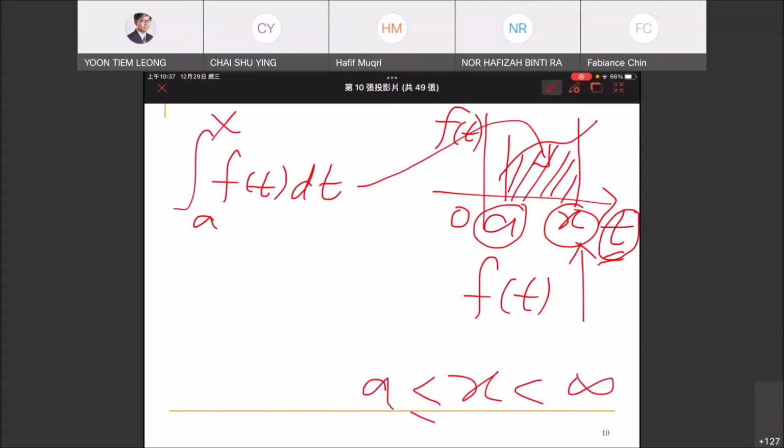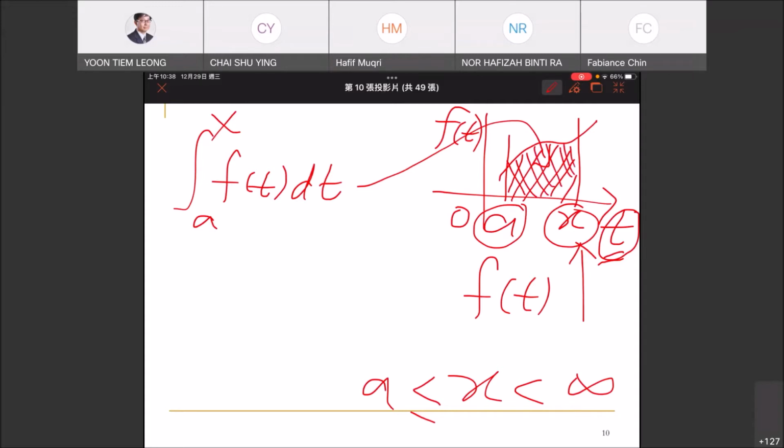When I slide x to become larger or smaller, closer or further away from a, the area under the continuous function f(t) will also change.